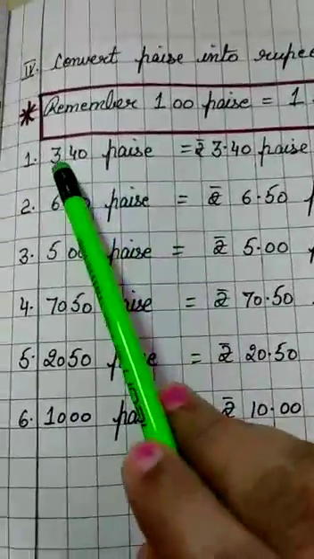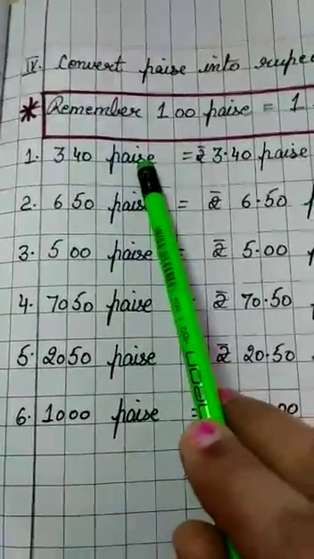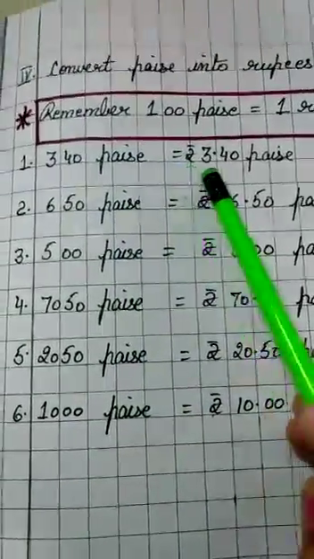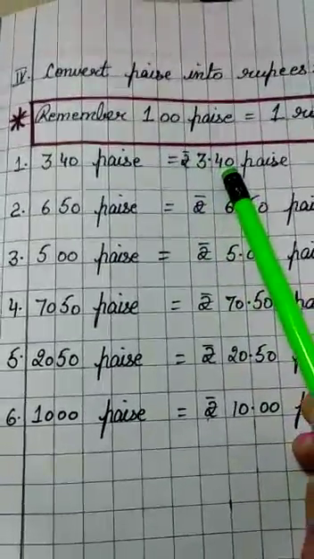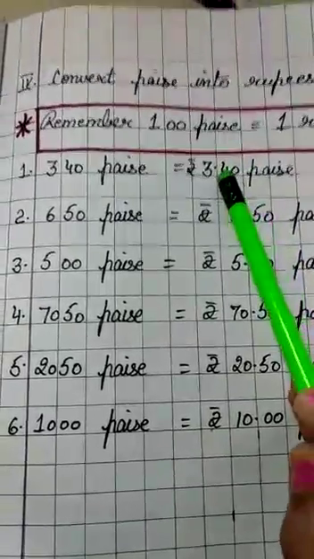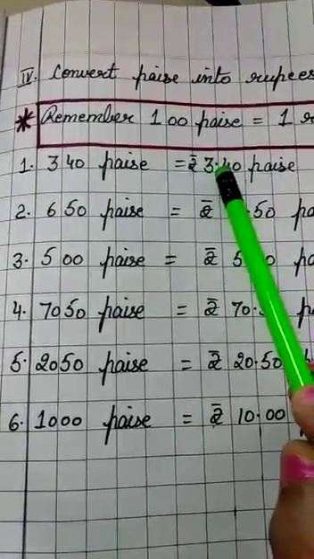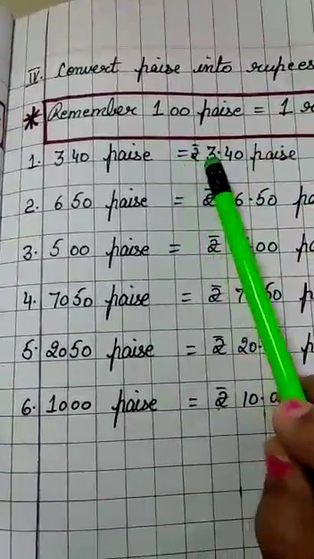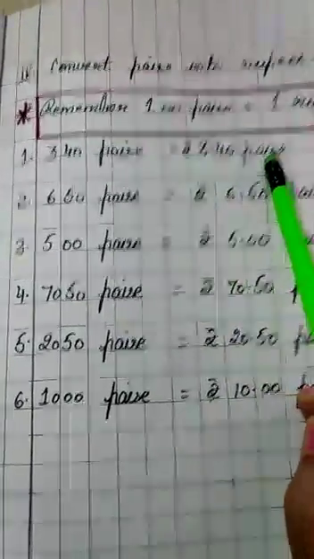Now this is 340 paise. First write the symbol of rupee and write 340. From the right hand side, take 2 digits, ones and tens, put the decimal point in the middle, and then write paise. It becomes rupees 3.40 paise.